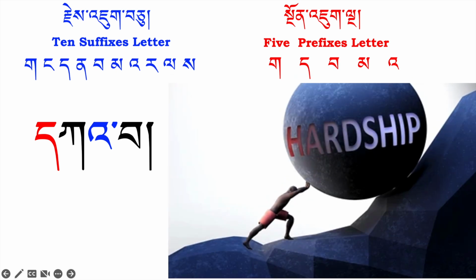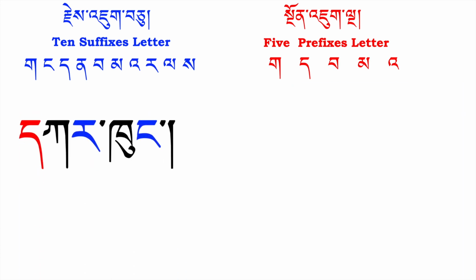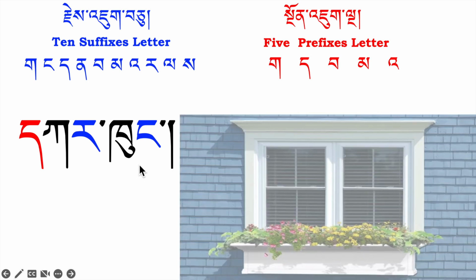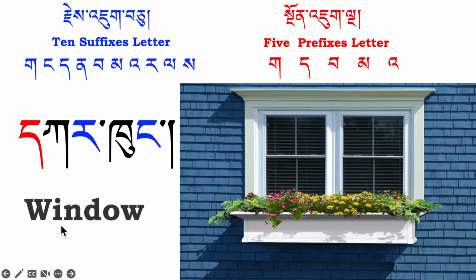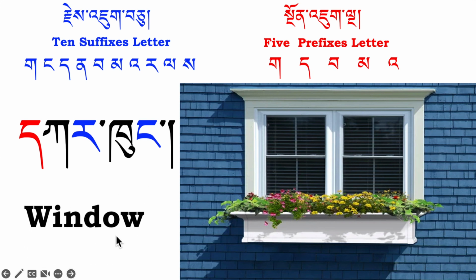Kawa means hardship or difficult. Next one, tao kara kar ka shabkyu kunga kung. Kar kung means window. Kar kung.